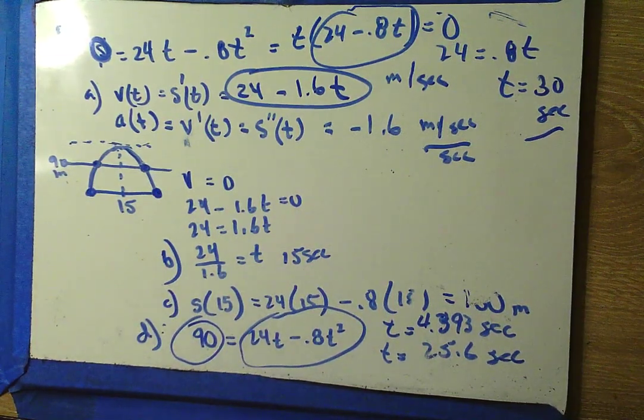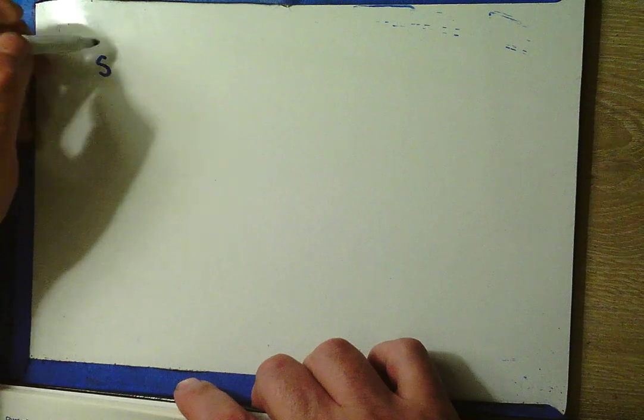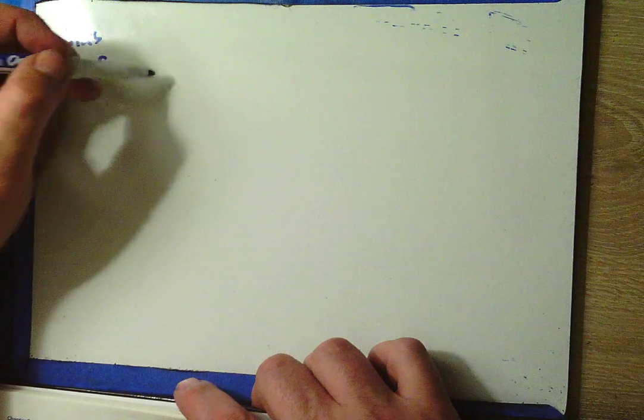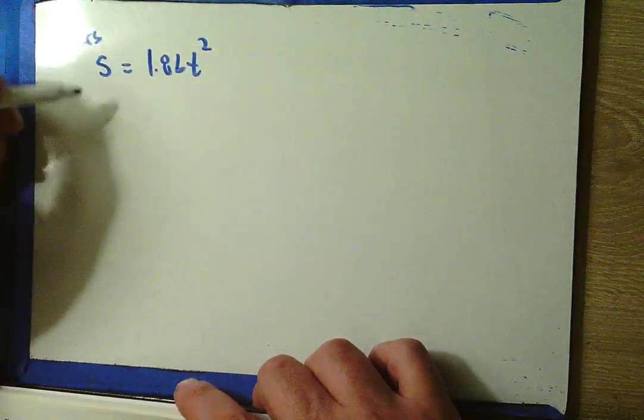Okay, 14. Free fall problem, pretty fast. It's free fall on Mars and free fall on Jupiter. The Mars position equation is given by S equals 1.86t squared.